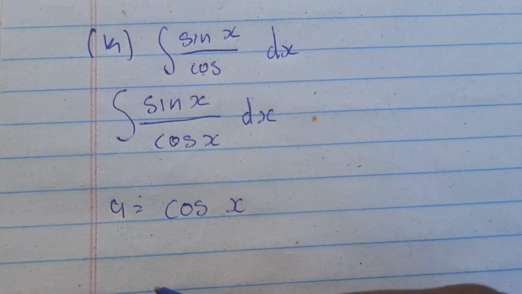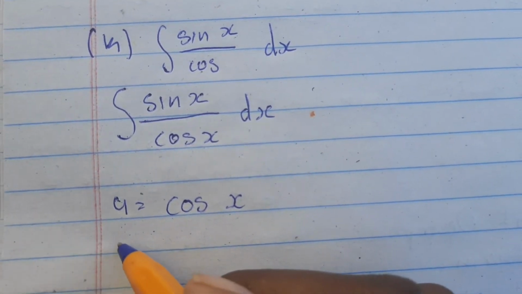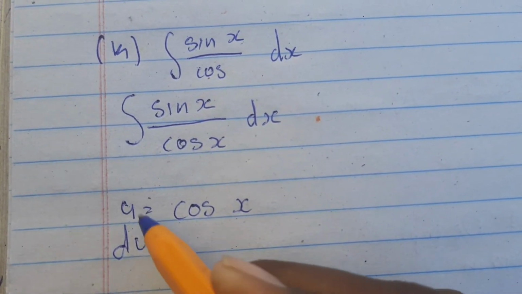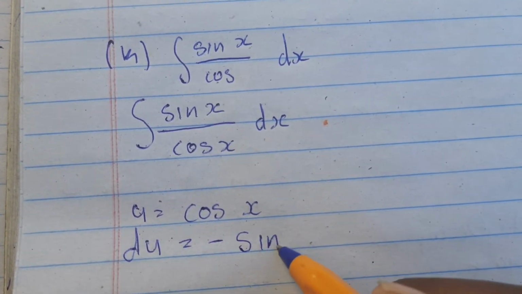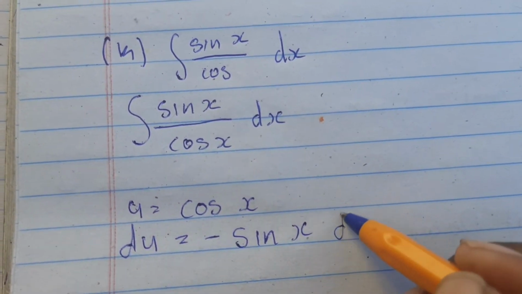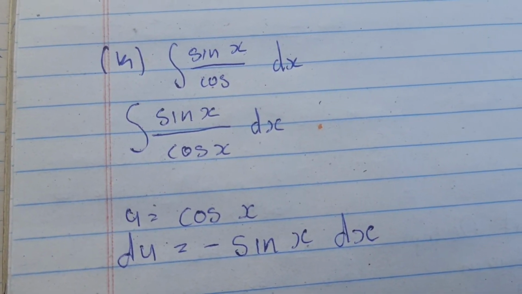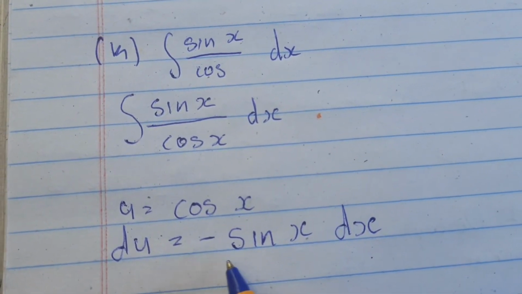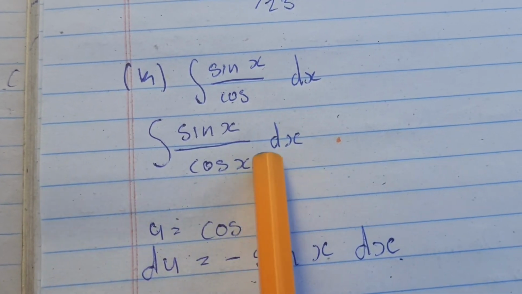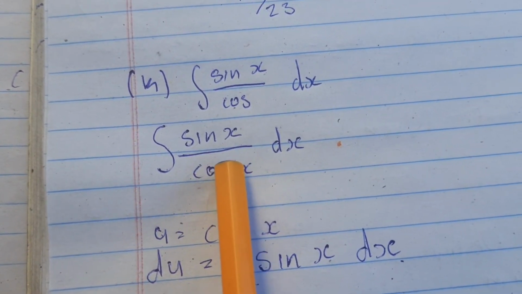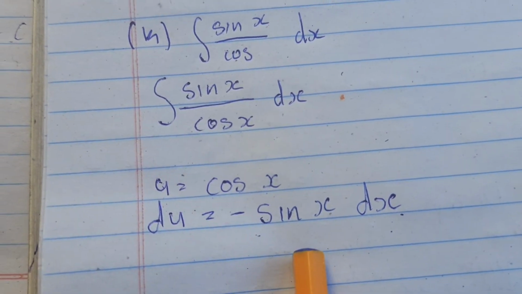The derivative of cos x, which is the derivative of u, is negative sine x dx. One thing we've noticed is that if we cover this up and forget about it for a bit, it's identical to the derivative of u.